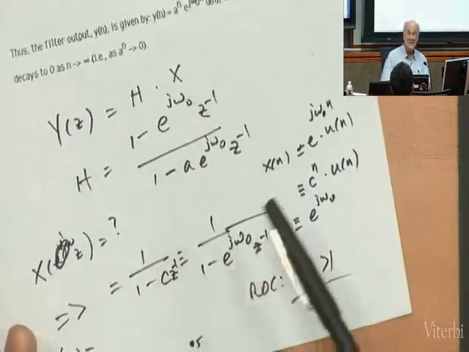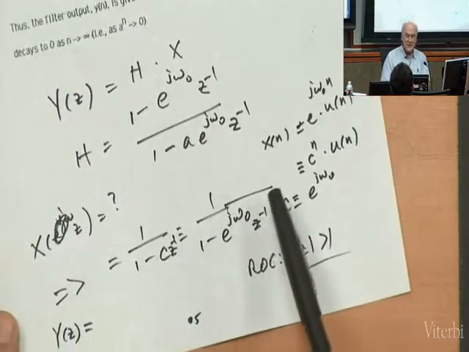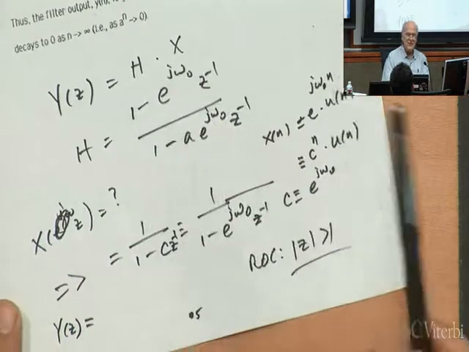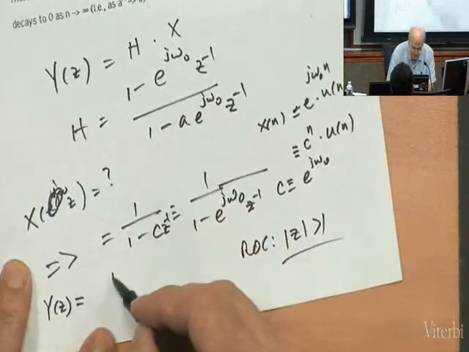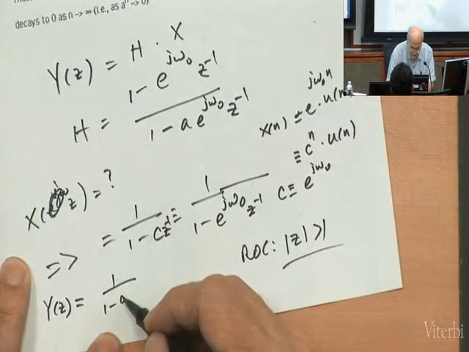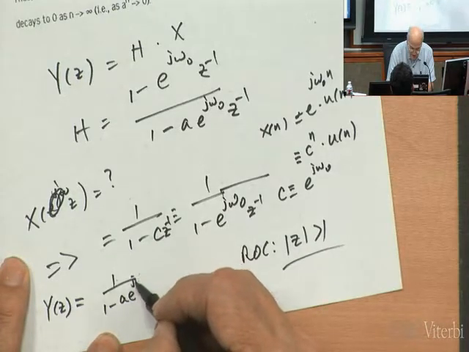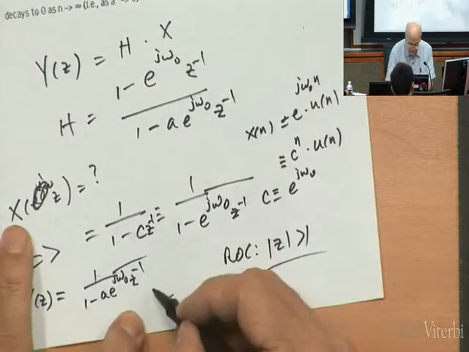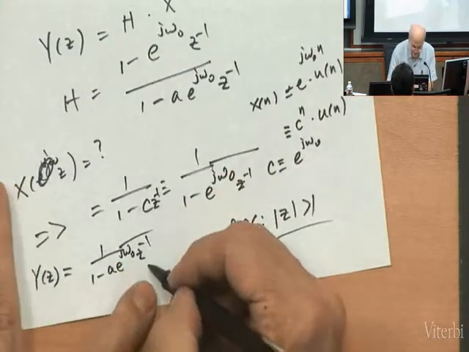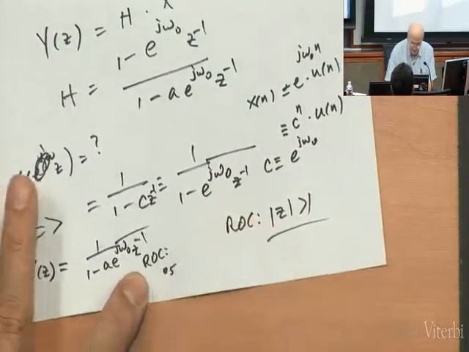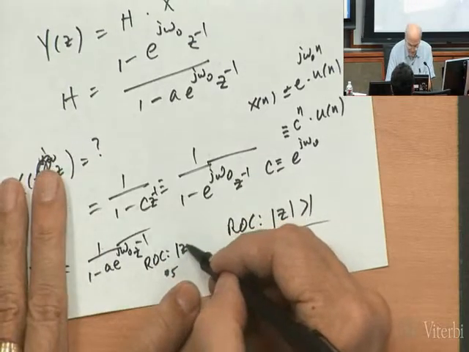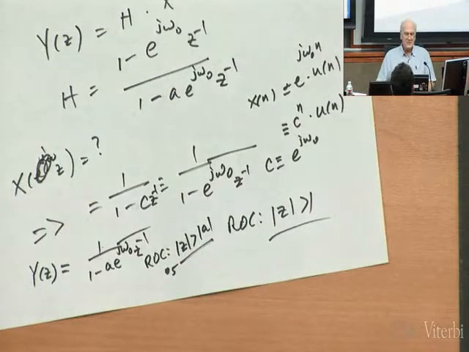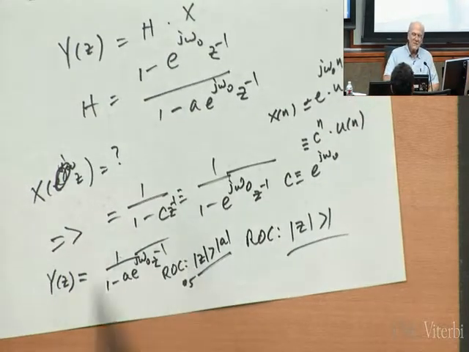Pole-zero cancellation. This pole of X is going to cancel out the zero in H, and you're going to be left with 1 over 1 minus a e to the j omega naught z inverse. Again, with ROC, since everything is causal, including the output, z greater than the absolute value of a. Well, we assume a is positive, so that's just a. So that's Y of z.